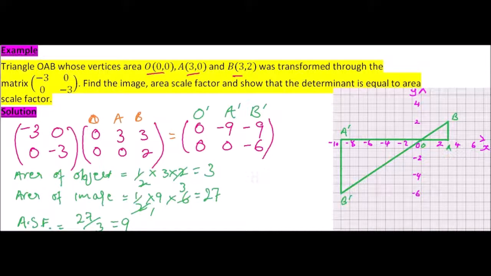Since our transformation matrix is minus 3 0, 0 minus 3, it will be minus 3 times minus 3 minus 0 times 0, which should give us 9. So we can clearly see, as we are told, that the determinant of the matrix is equal to the area scale factor, and that is what we wanted to achieve.